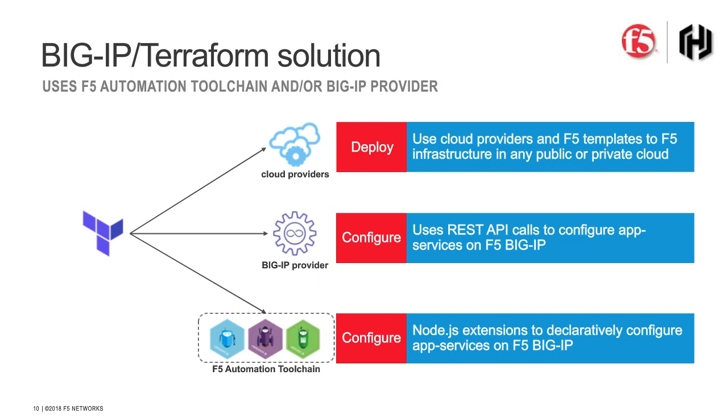The F5 automation toolchain uses Node.js. That means it's an RPM package which you need to load on F5 BIG-IP, and then you can send those declarative JSON files to the BIG-IP, right? And in turn, AS3 will validate the schema and configure those application services as required.